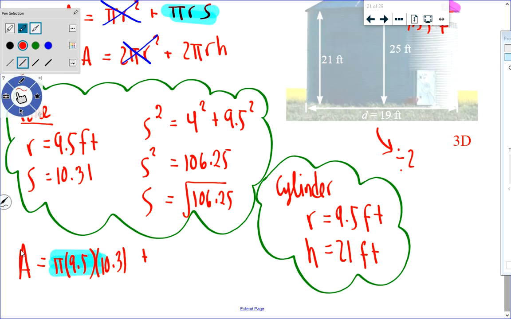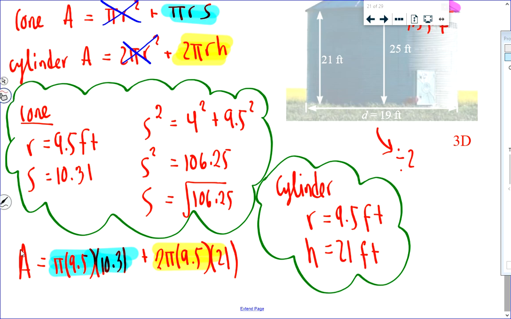plus 2 pi rh. A lot of numbers floating around. I'm just going to double check everything.